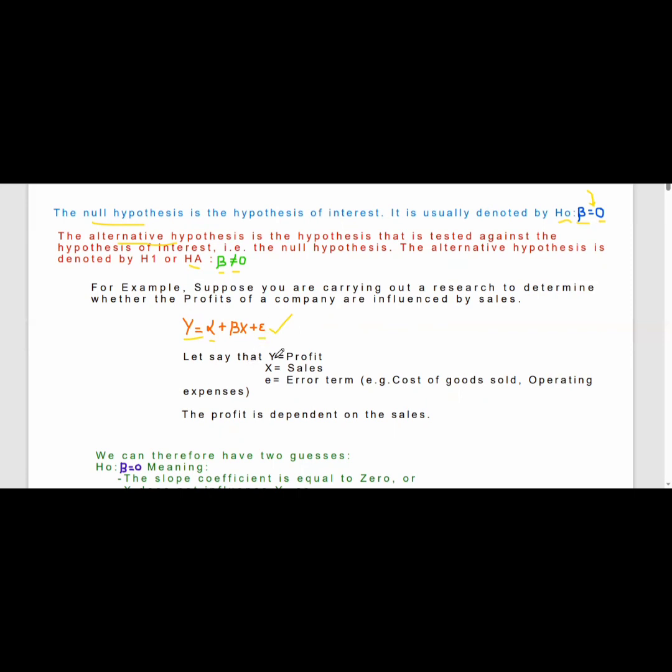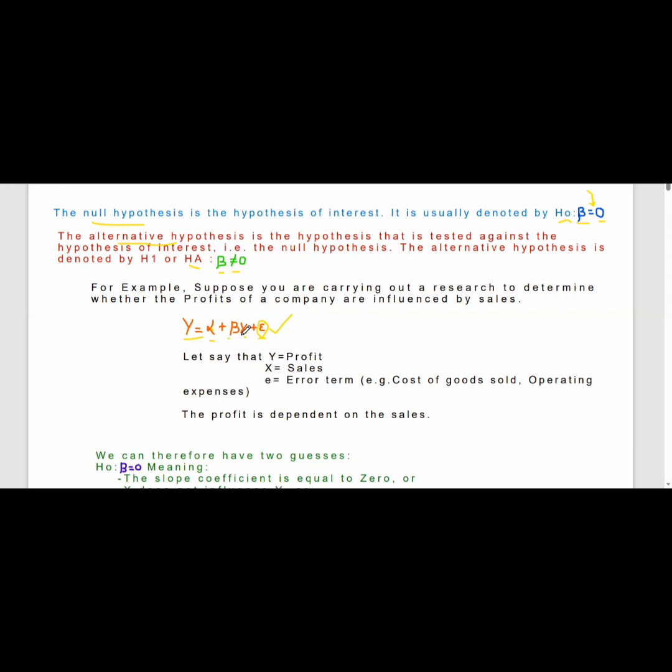Here y is the profit, alpha is the intercept, beta is the slope coefficient, and x is the sales. Remember that y is the dependent variable and x is the independent variable, so the profit is dependent on the sales.